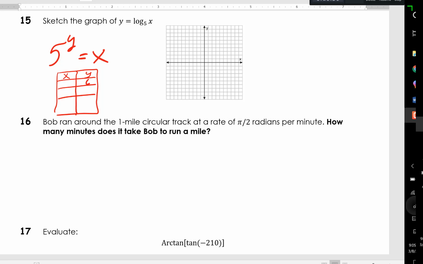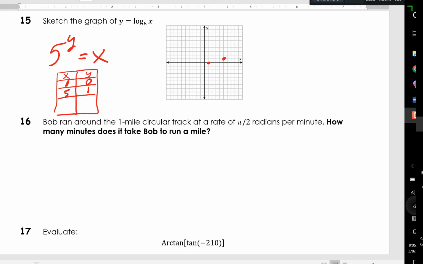Say y is 0, then 5 to the 0 is 1, so the point (1, 0) is going to be on this graph. Let's say that y is 1. Then x is going to be 5. So the point (5, 1) is on there.